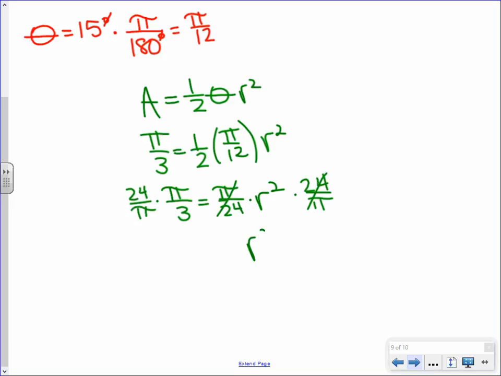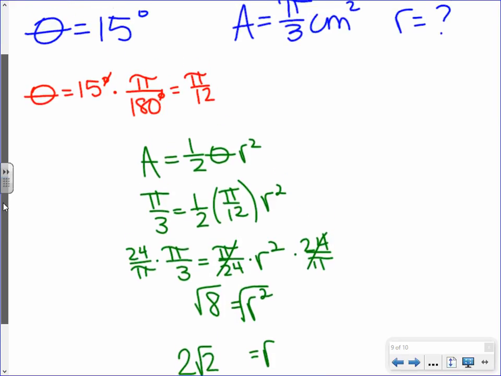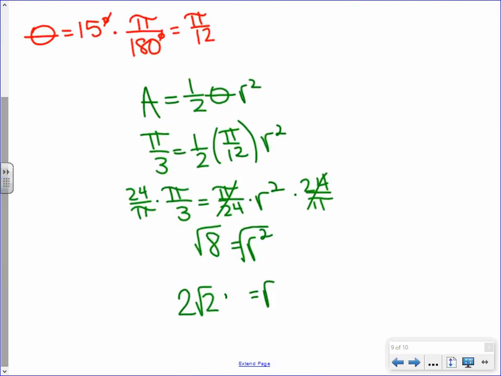So r squared really equals 8. Now, when we square root both sides, technically we're supposed to say plus or minus, but can we have a negative radius? We cannot have a negative radius. So our radius is 2 square root of 2. Since our area was in square centimeters, our radius is going to be in centimeters.